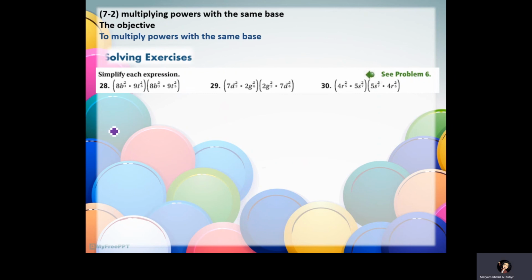The answer is 5/1/8/4 b to the power 7/3. The other one, t to the power 7/3 also.